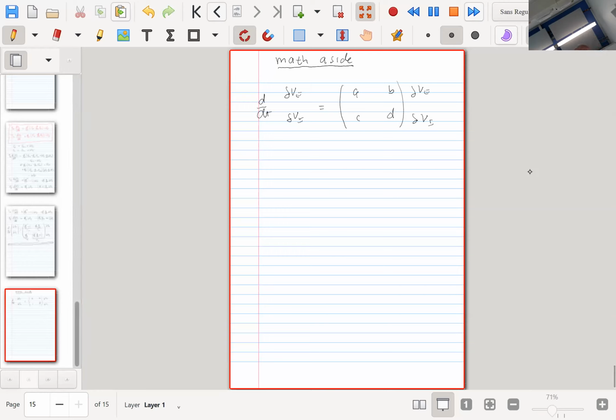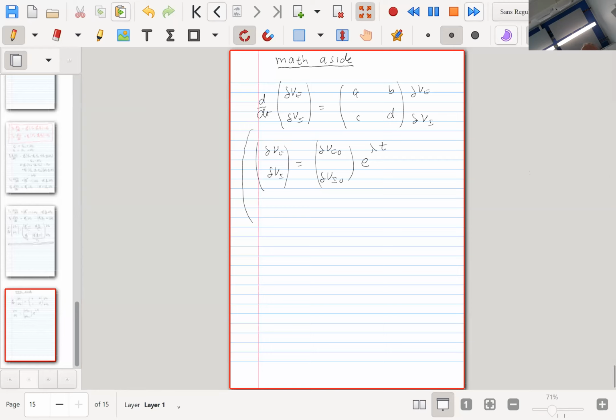So we're almost out of time. So this has a solution of delta nu e, delta nu I equal to delta nu e 0, delta nu I 0, e to lambda t. So d/dt of e to lambda t just brings out a factor of lambda.